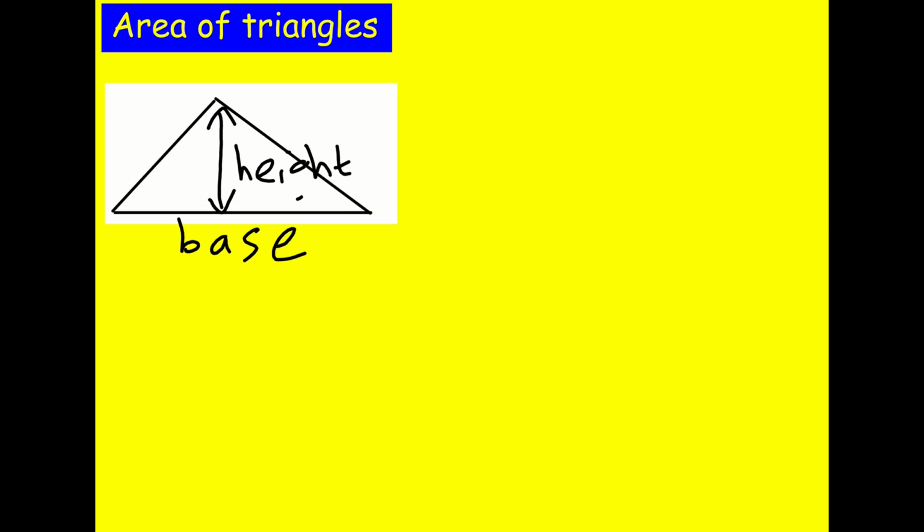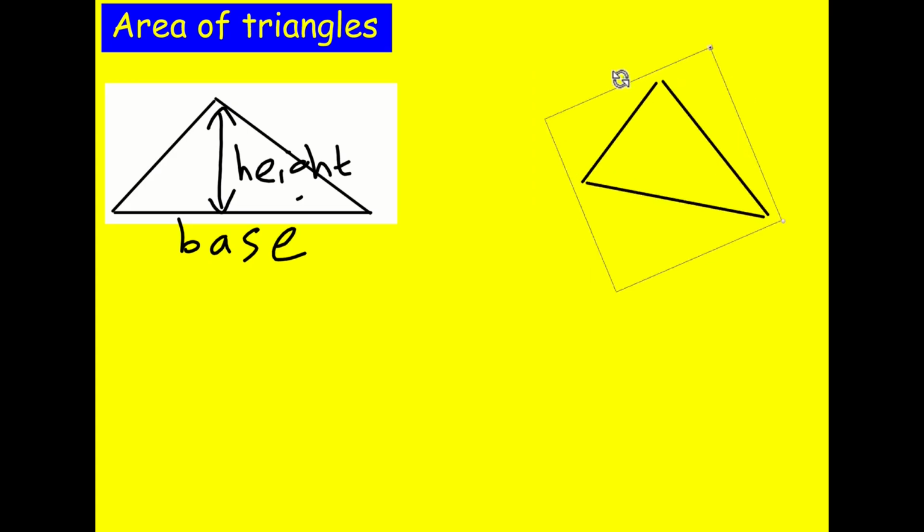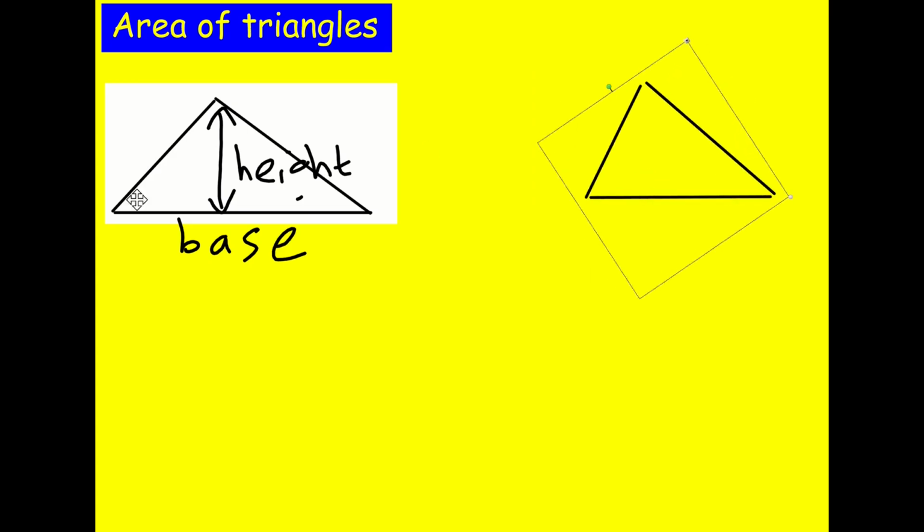Now we could draw any triangle we wanted. I could draw one over here. I'm just going to change it actually. I could draw it like this. And we can always take it and turn it so it looks a bit like the one on the left.